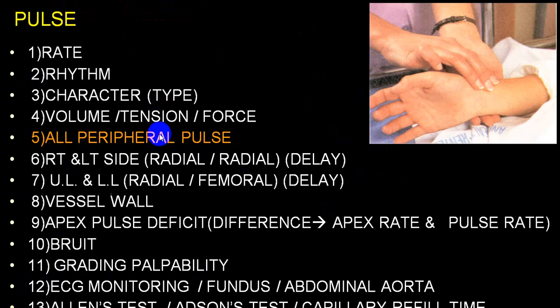Now we go to palpation of all peripheral pulses. Once you look at the rate, rhythm, character, volume, tension and force, now you should look at palpation of all peripheral pulses and compare the right side with the left side. So which are the peripheral pulses?